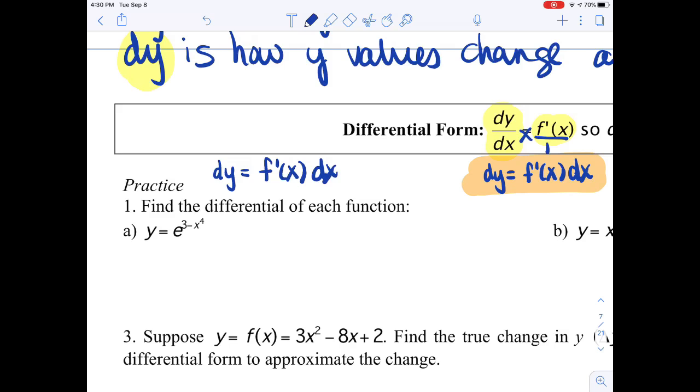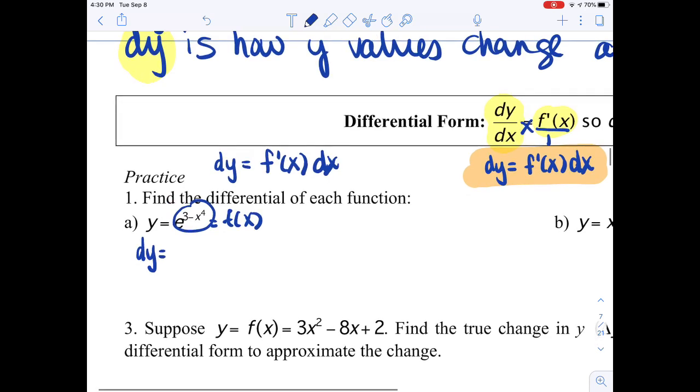The derivative of y is 1 dy, so I'm going to leave it on the left-hand side. If this was my original f of x, then when I take the derivative of e to the 3 minus x to the 4th, remember the derivative of e to the u is e to the u du. So let me write that out. Derivative of e to the u equals e to the u du.